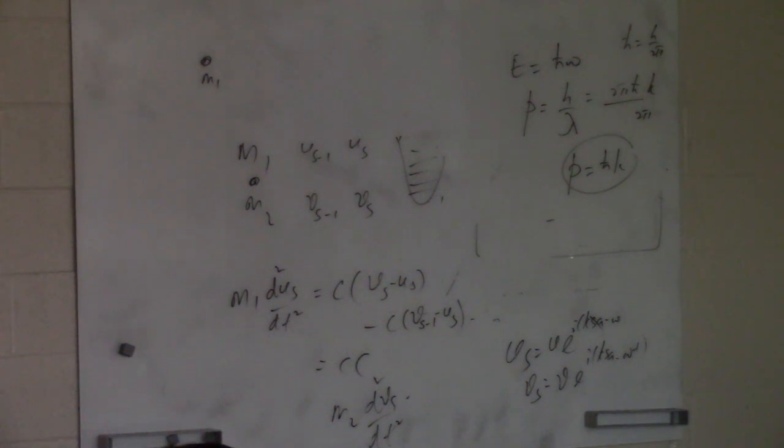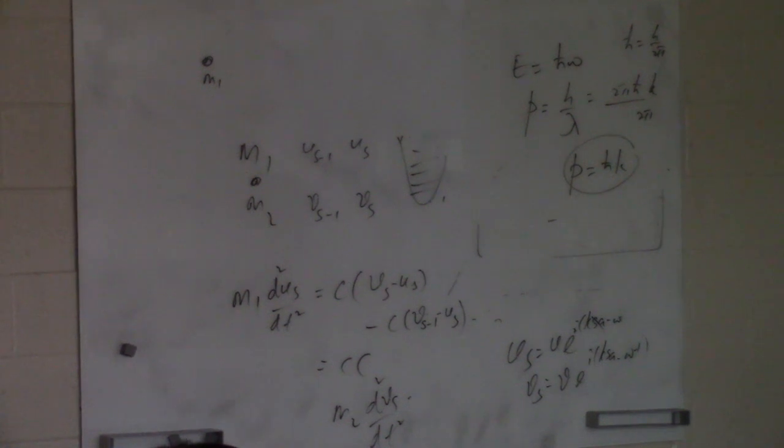This is pi over a, right? So G is 2 pi over a for the simple cubic. That means if you subtract G, what happens? This point becomes this point, right? If it is here, that point becomes this point.